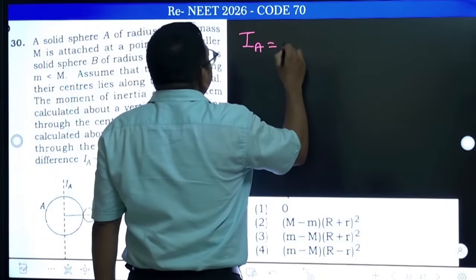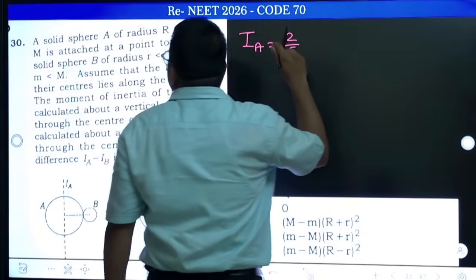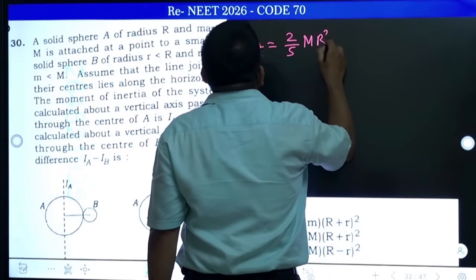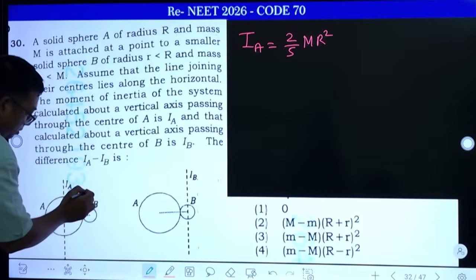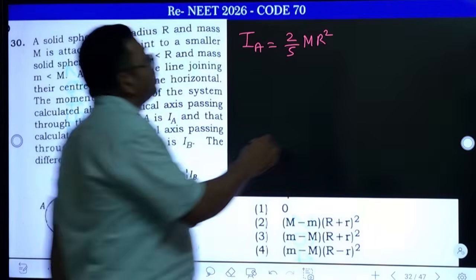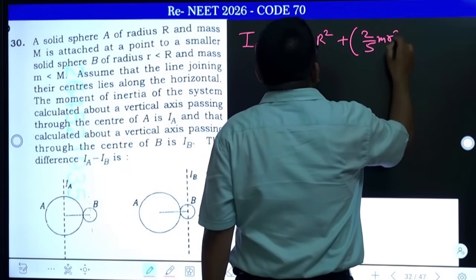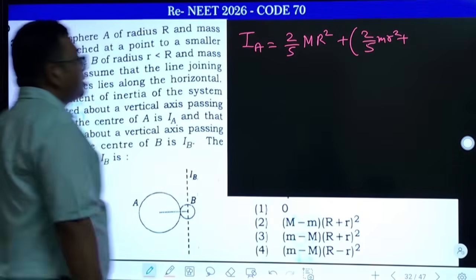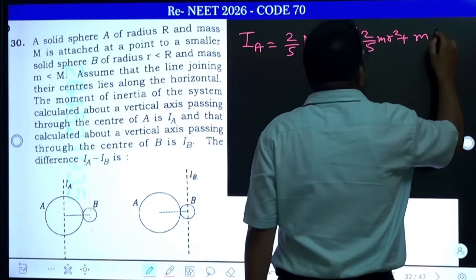IA for the bigger one is 2 by 5 M R square, where capital M is its mass. And for the smaller one, you have to apply the parallel axis theorem: 2 by 5 small m r square about its center of mass, plus you bring the mass m times distance square, where the distance is R plus r, whole square.